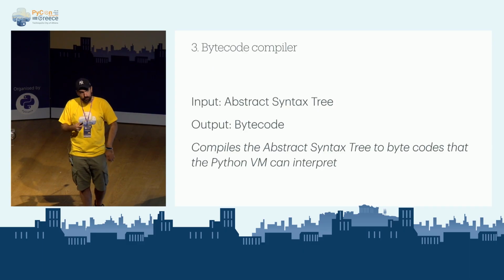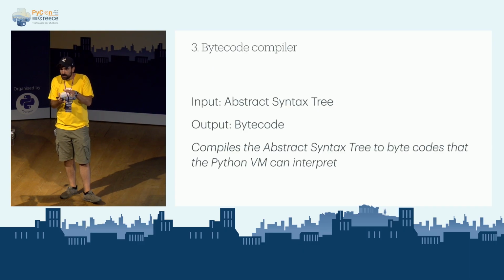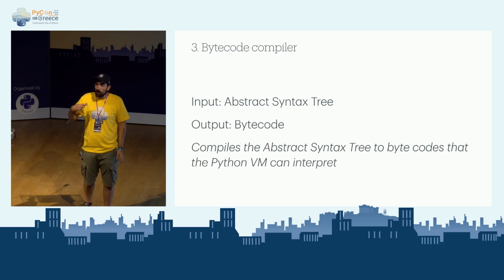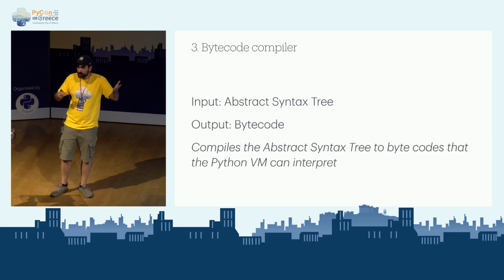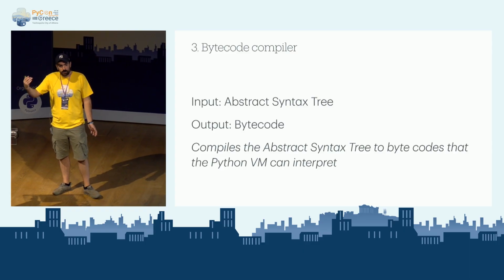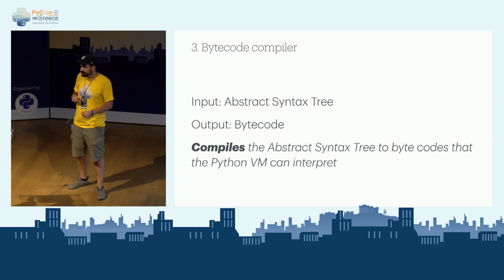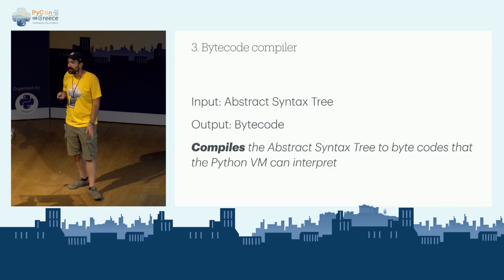We call it the virtual machine. So bytecode is basically elemental instructions to the Python virtual machine on how to do things. And the bytecode compiler takes the syntax tree and produces that bytecode so that Python can then run your programs. It compiles down to bytecode. That's why it's called a compiler.